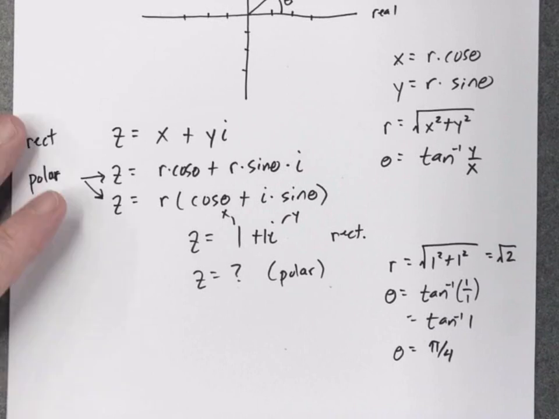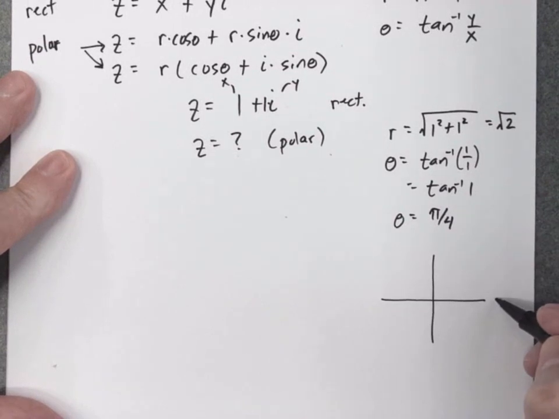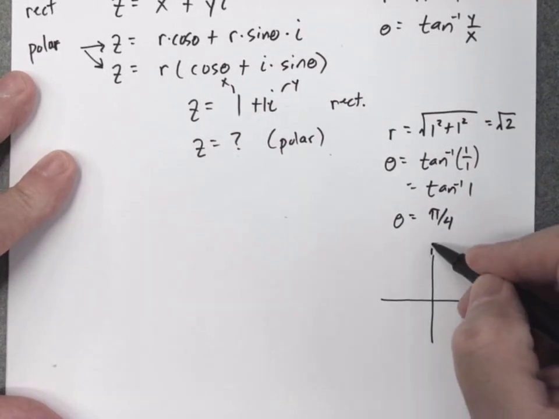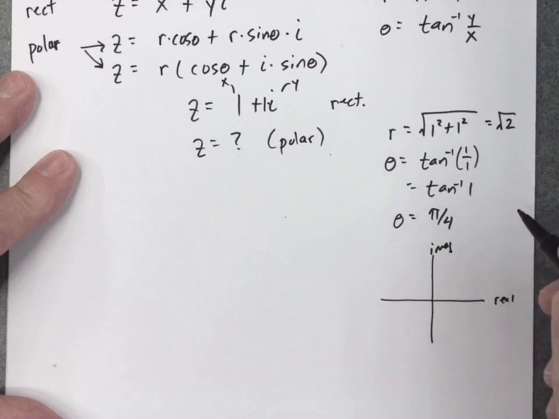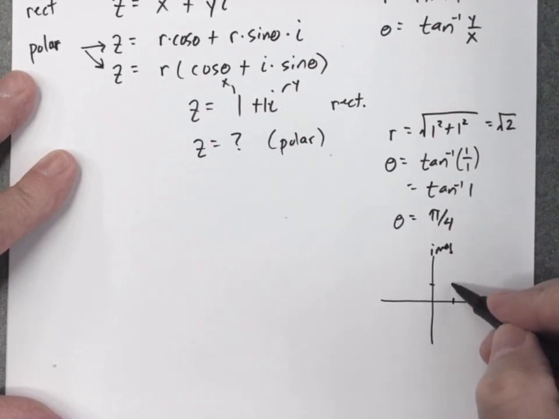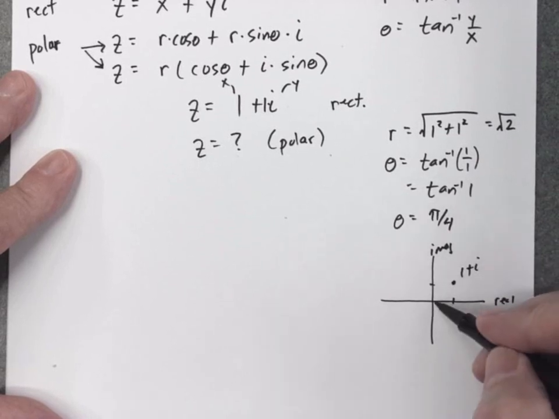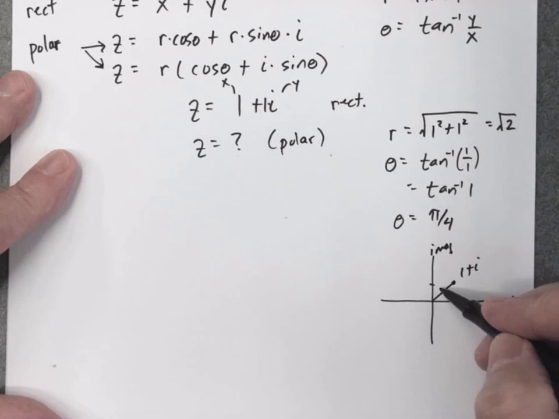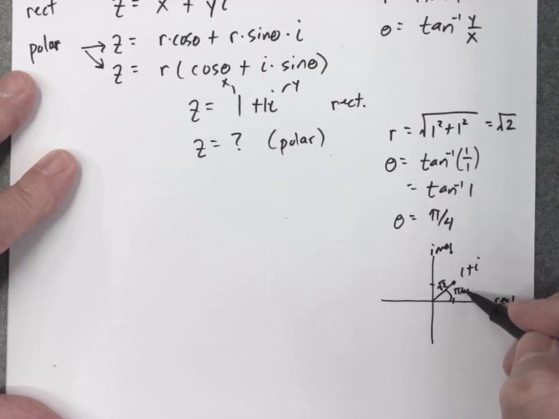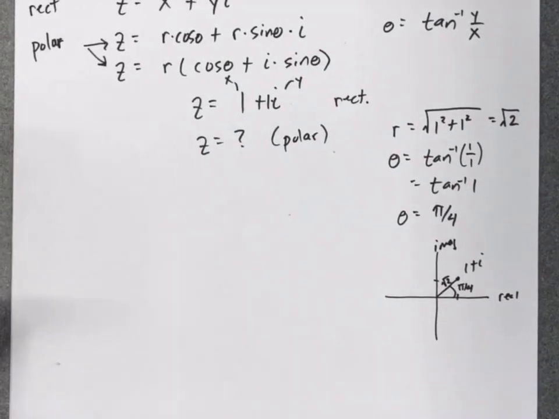Just if you're not sure which is the real coordinate and the imaginary, here is 1 plus i. So what we're saying now is this distance is square root of 2, and this angle is pi over 4, which is also like 45 degrees. So it all makes sense.